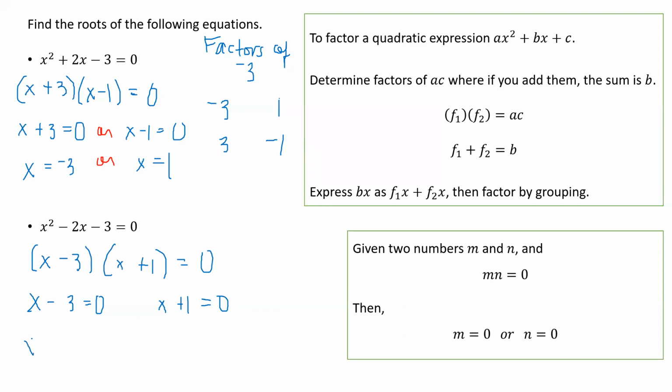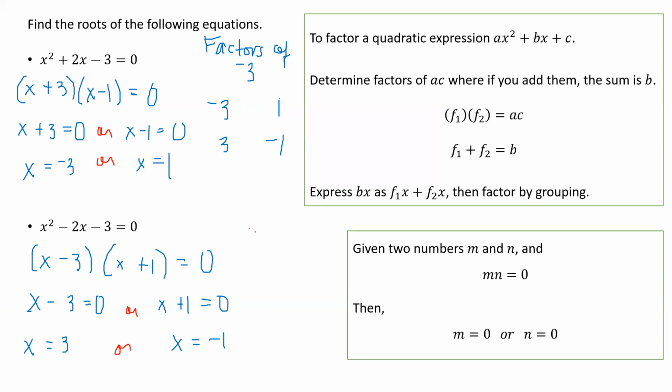So we will get x is equal to 3, or x is equal to negative 1. Now let's just put the word or here. And these are the two roots of x squared minus 2x minus 3. You can double check it by substituting, and this left-hand expression must be equal to 0.